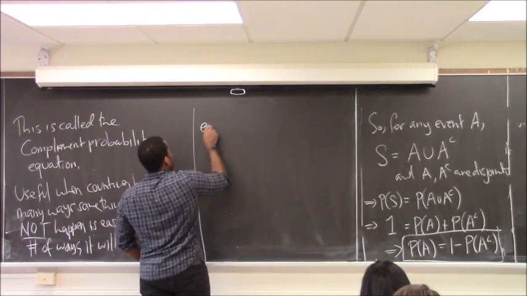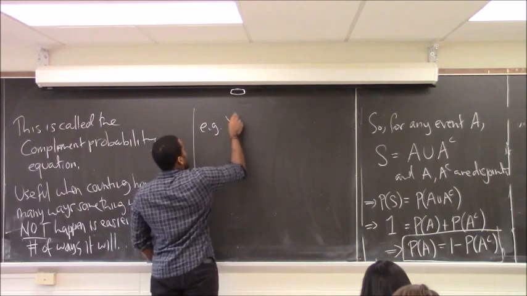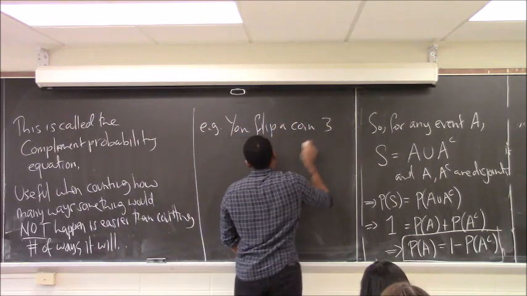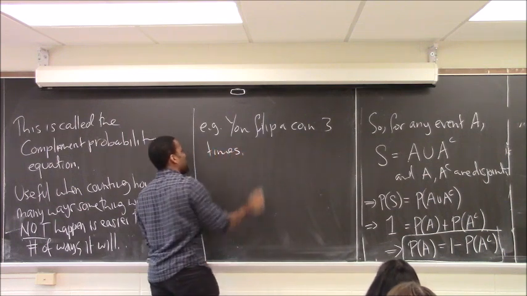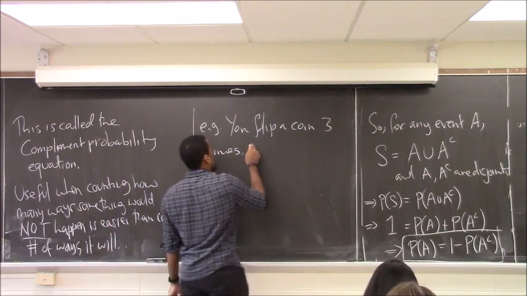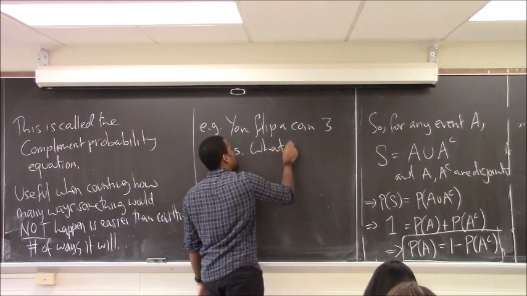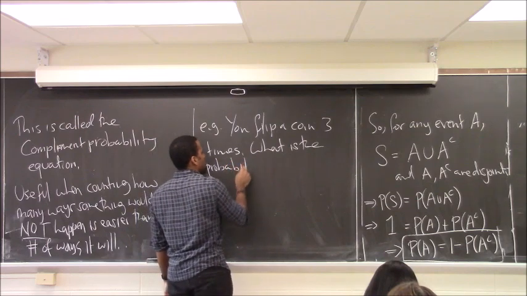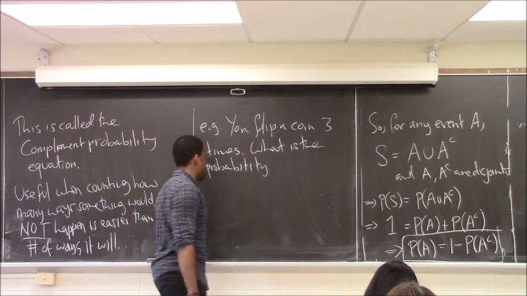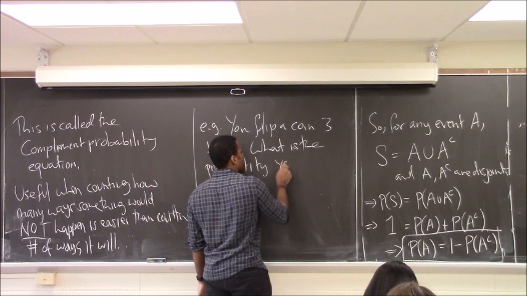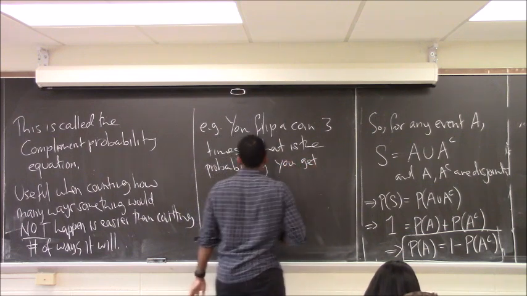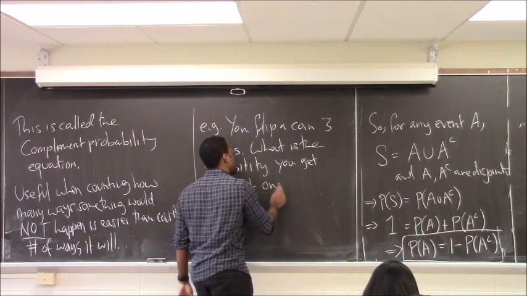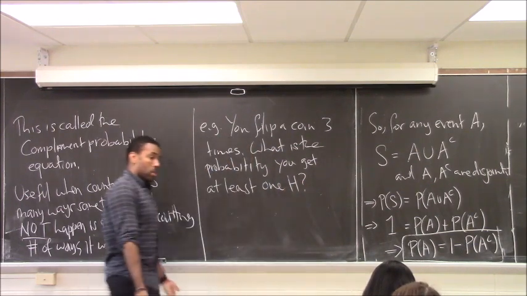Example. You flip a coin 3 times. And what is the probability you get at least 1 head? So that could be a question.